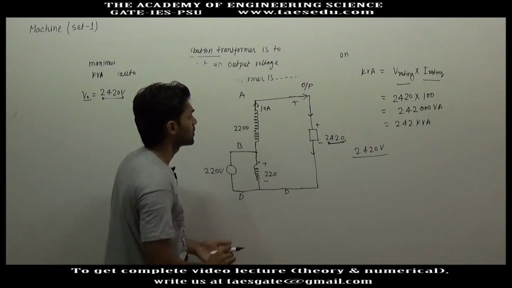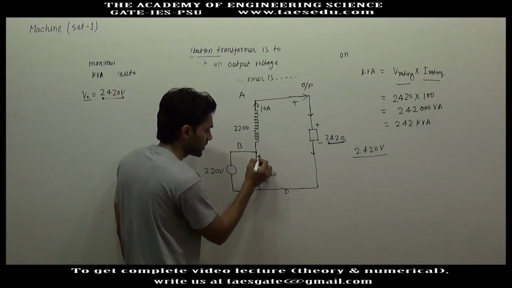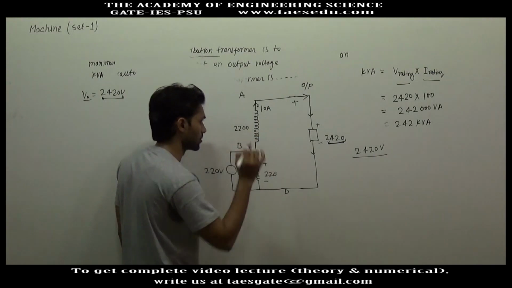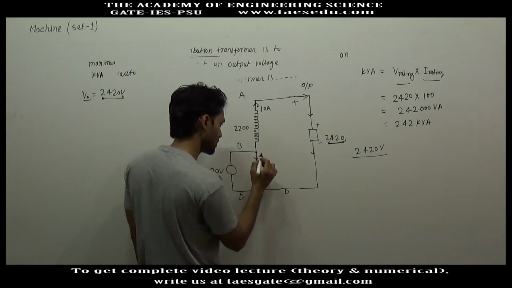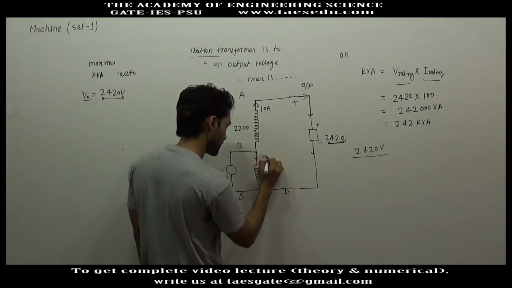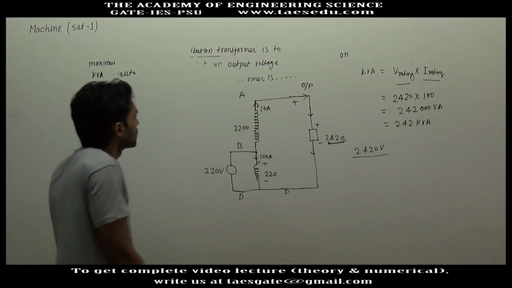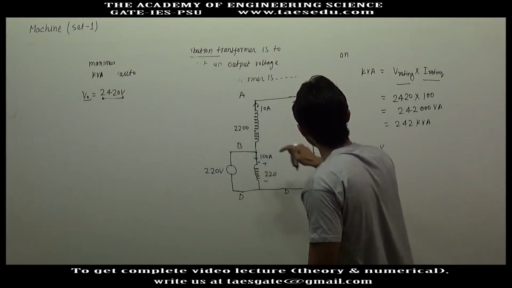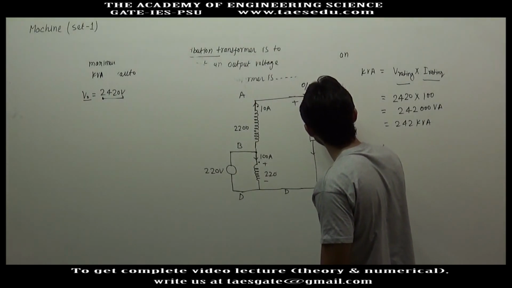So if current is flowing out of this dot, in the low voltage winding current will enter into the dot. If the current is 10 ampere here, then in the low voltage winding 100 ampere current will enter here. Okay, so if 10 ampere current is here, there is no branching, so in the load the current will be 10 ampere.